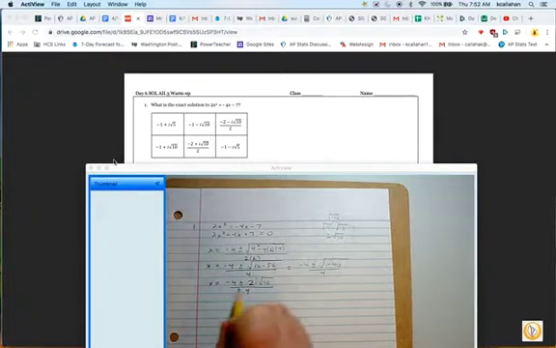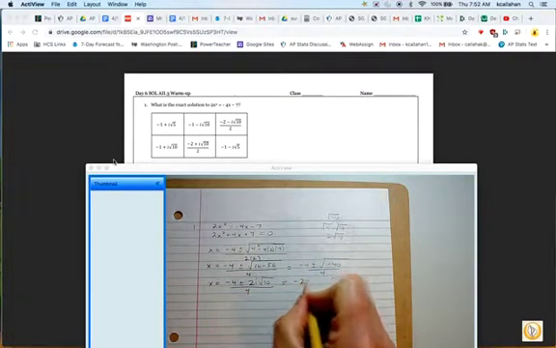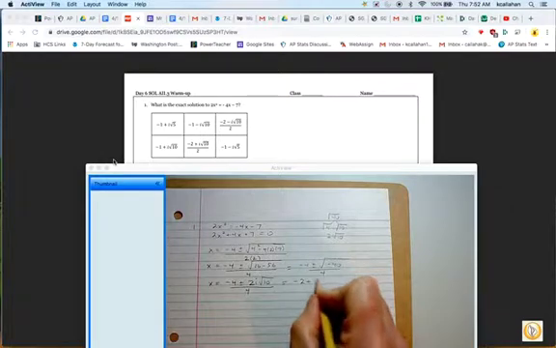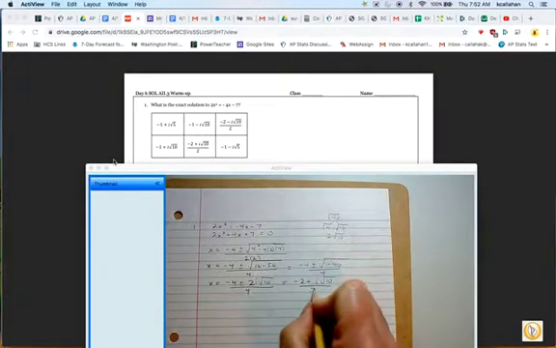And you can see that 2 is a factor of this and this and this. So if we factor it all out, we should get negative 2 plus or minus i times the square root of 10, divided by 2.